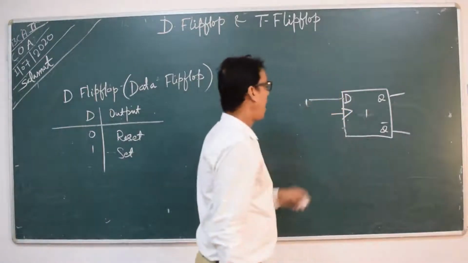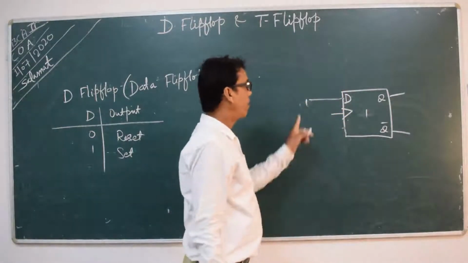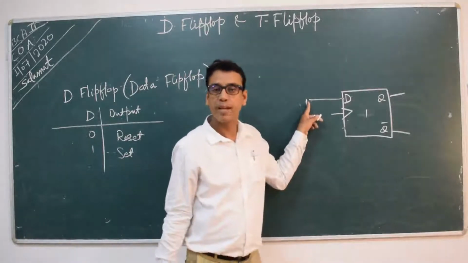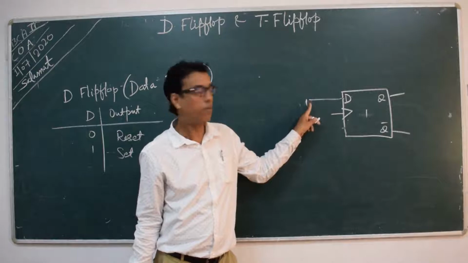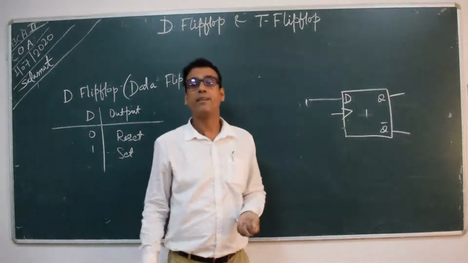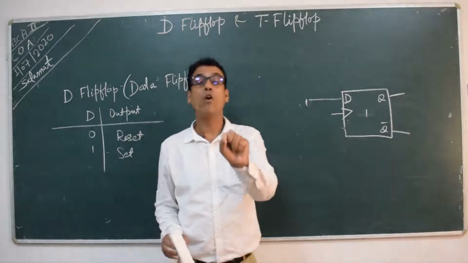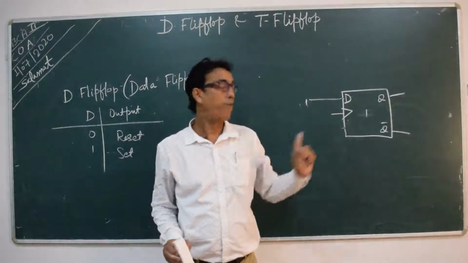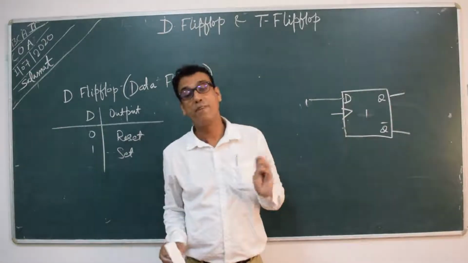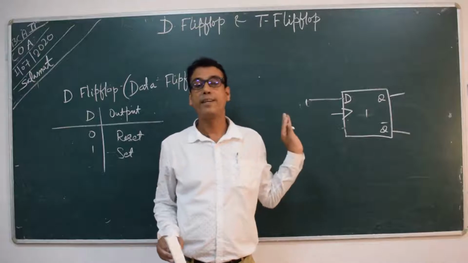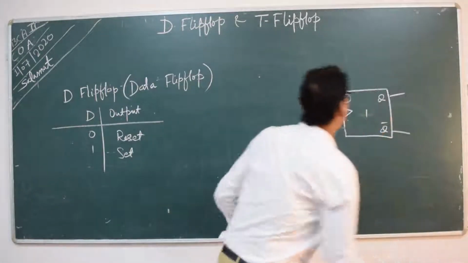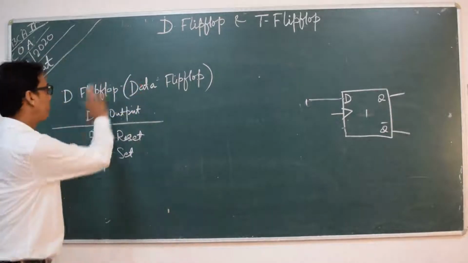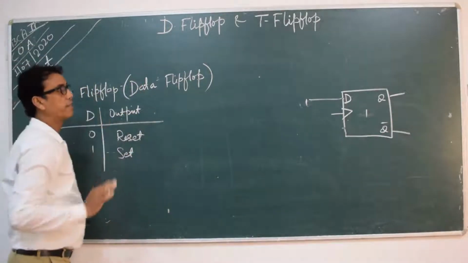See, here we have the block diagram of D flip-flop. D flip-flop has only one input line, either input 0 or 1, and gate is the sign of flip-flop. You will find the gate line in every flip-flop, no matter whether it is JK, SR, D or T. So, is that clear? This is data flip-flop.